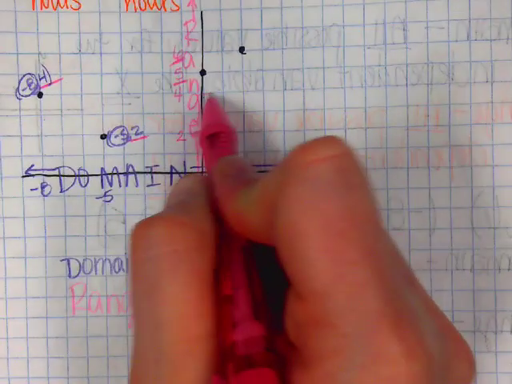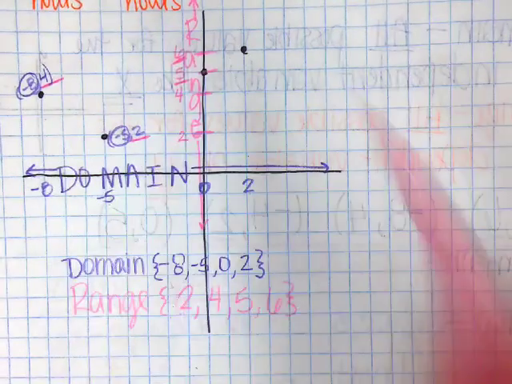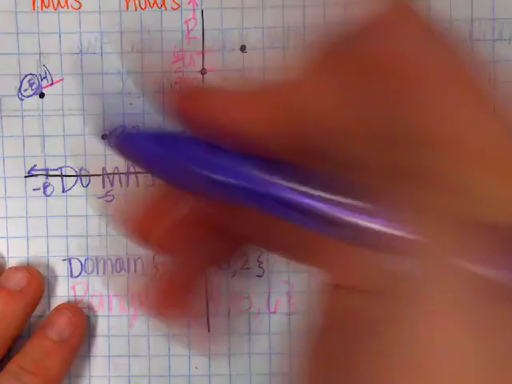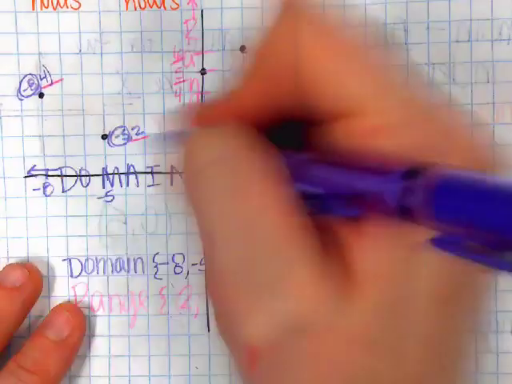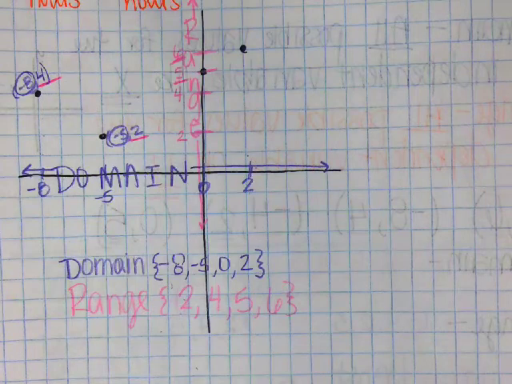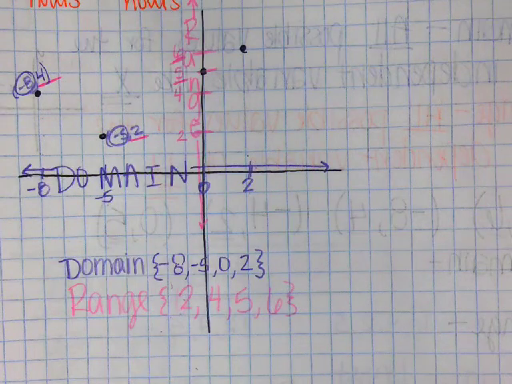This one is at 5, this one is at 6. So all I care about for range is looking where it's at along the y-axis. Domain is along the x-axis. Okay, so that's domain and range.